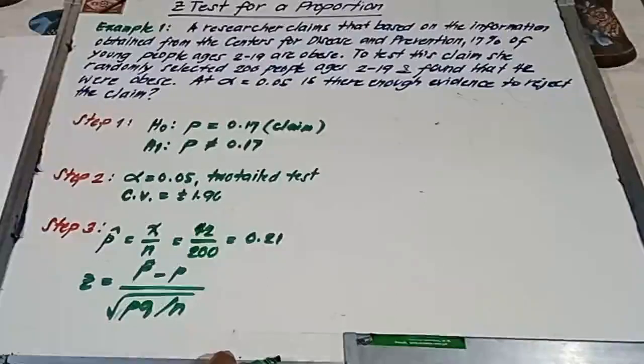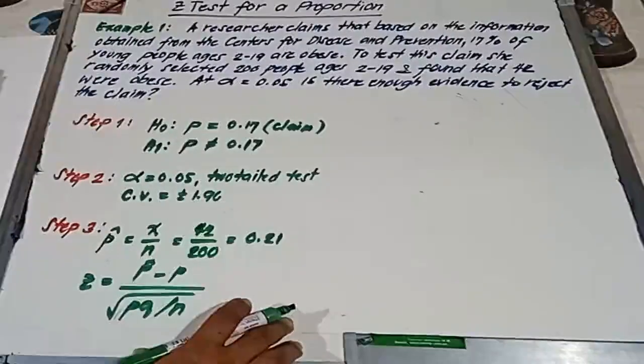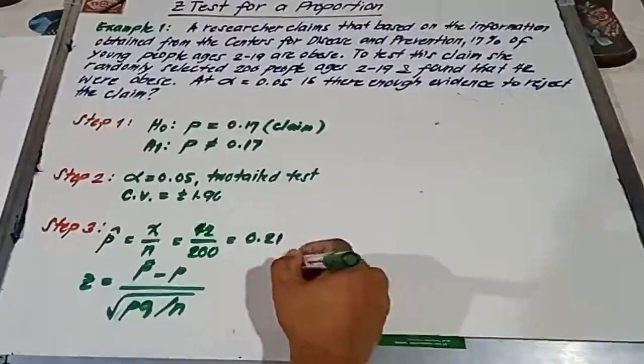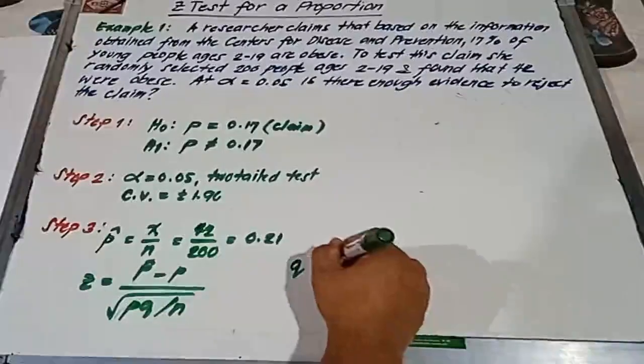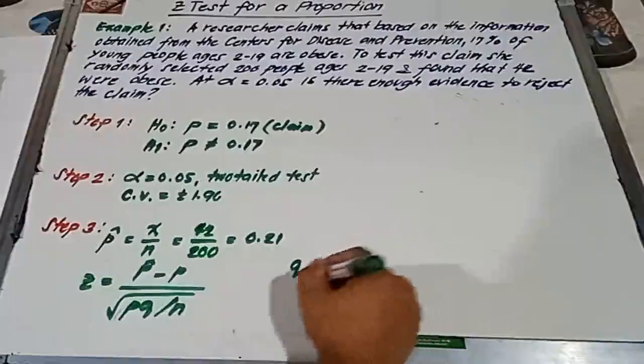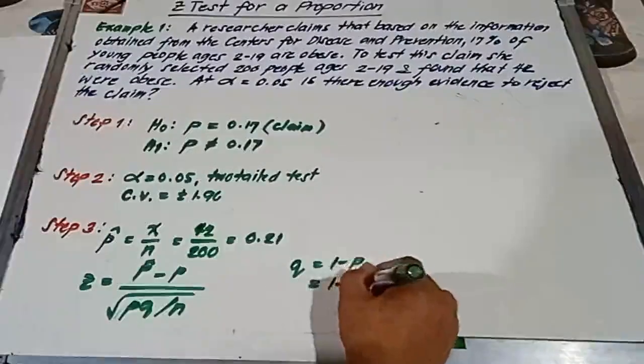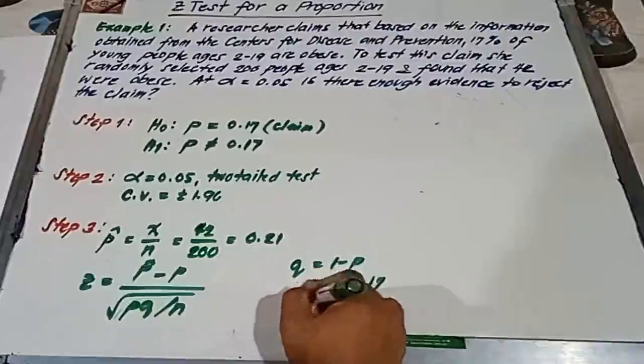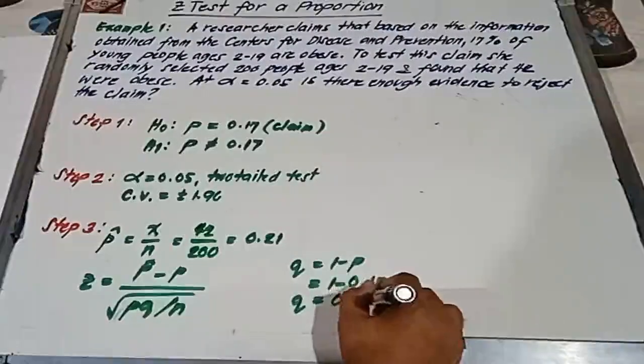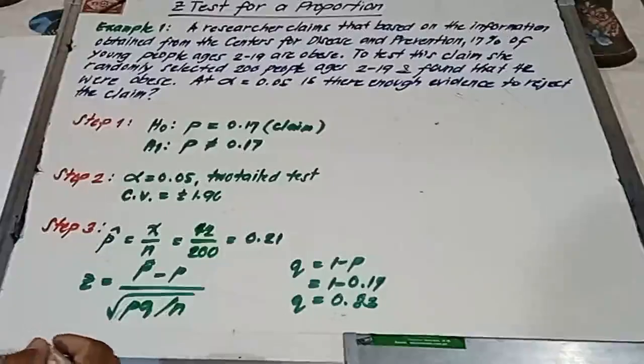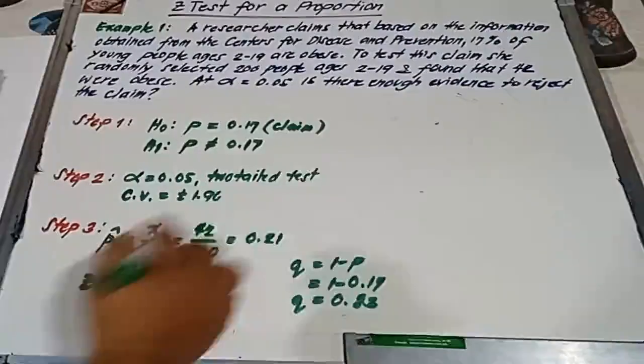Yung 83%, yun yung ating q. Yun yung percentage of the population ages 2 to 19 that are not obese. So, therefore, q is equal to 1 minus p. 1 minus 0.17, so that is equal to 0.83. Okay? And then substitute natin this ating formula.